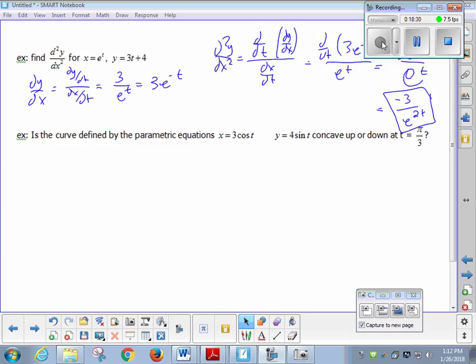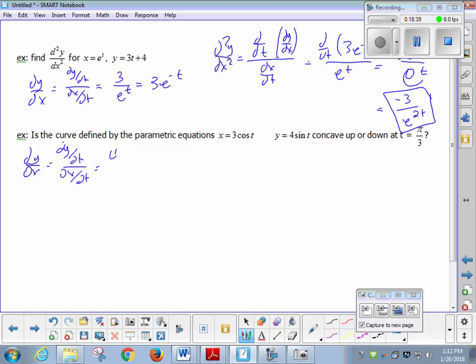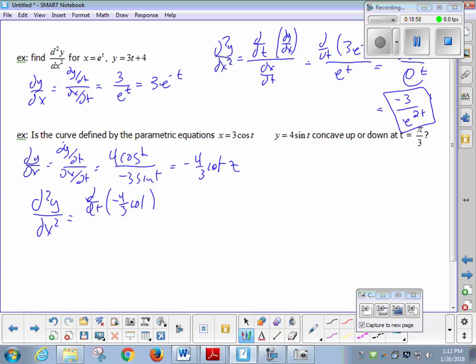How did this go? Sorry, let me catch up to you. So, 4 cosine t over negative 3 sin t, maybe negative 4/3 cotangent t for the first derivative? Okay, the second derivative then is the derivative with respect to t of negative 4/3 cotangent t over dx/dt, negative 3 sin t.